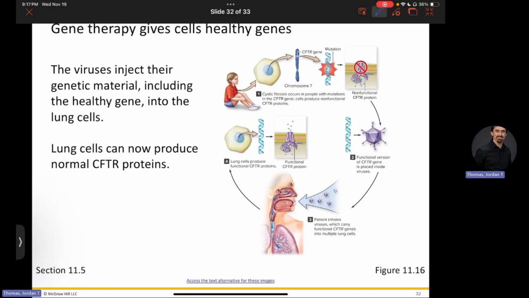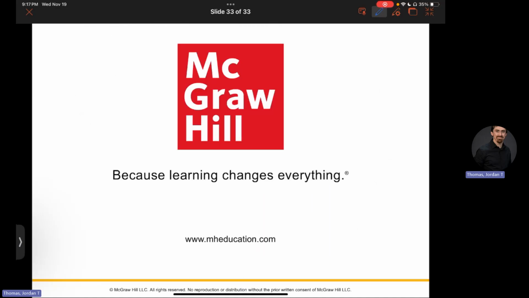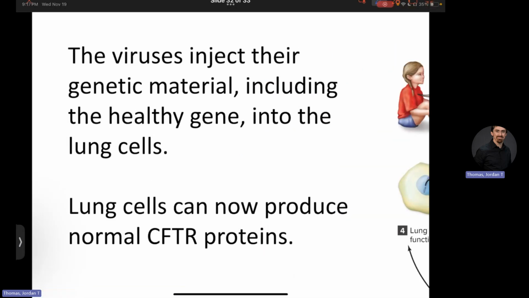It injects that DNA with the healthy gene into the patient. And now the patient has a working protein because of that. And that's how gene therapy works. But again, keep in mind this is a growing tool. It's not widely available yet, it's not widely used yet, because we are still learning more about it and how to make it effective. So that is it for today.